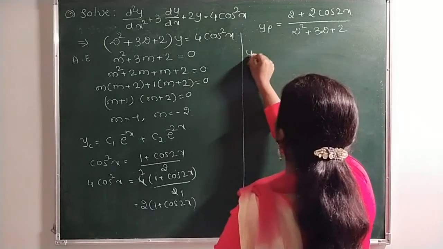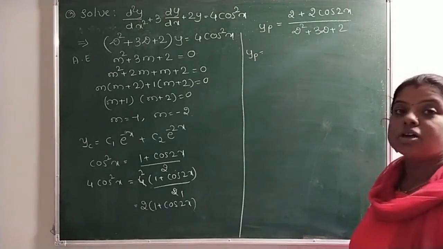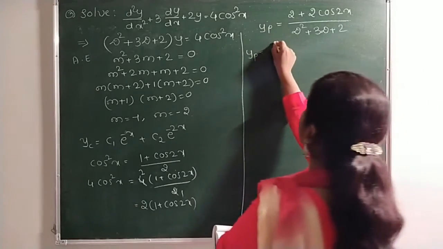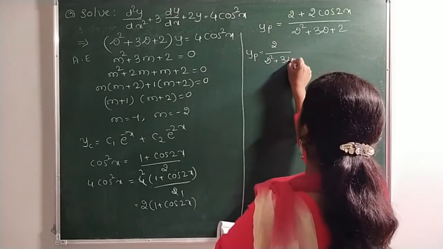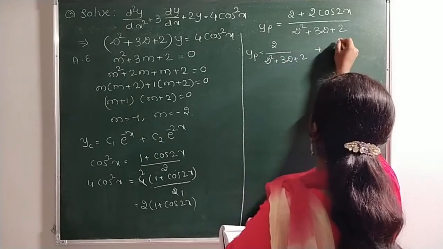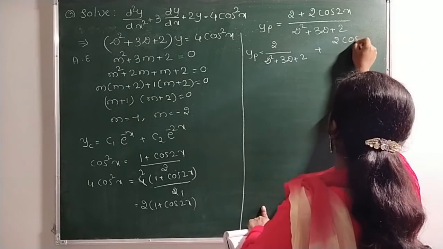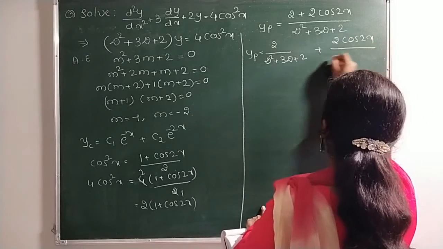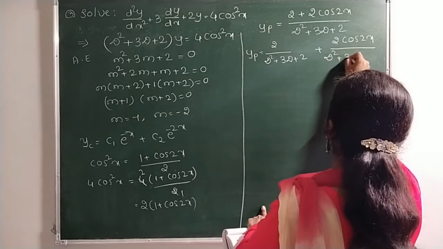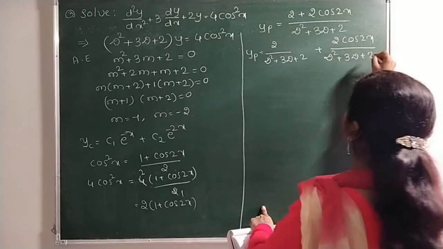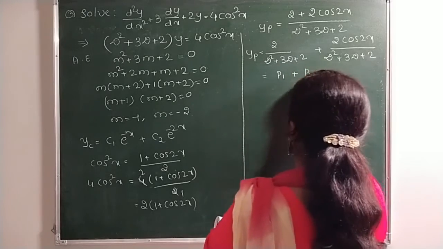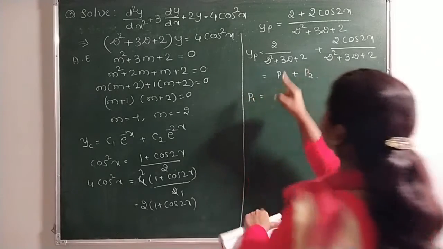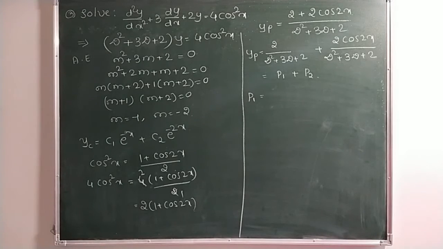Here also you have to separate the terms because in between plus is there. 2 divided by D square plus 3D plus 2, plus 2 cos 2x divided by D square plus 3D plus 2. This we call P1 plus P2. Let P1. See, the P1 term is having the numerator only the 2.